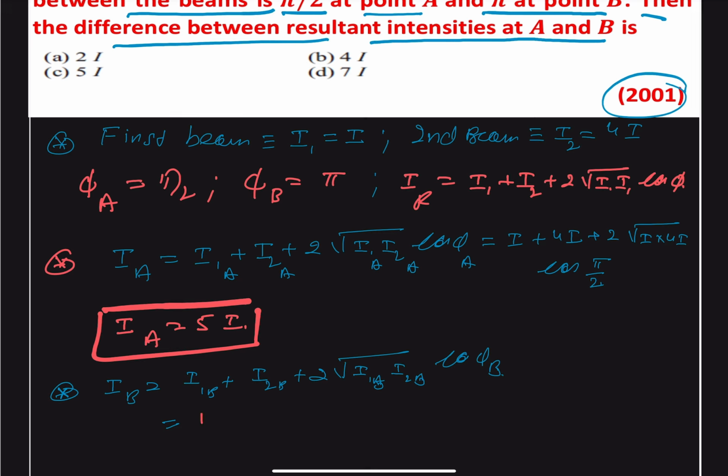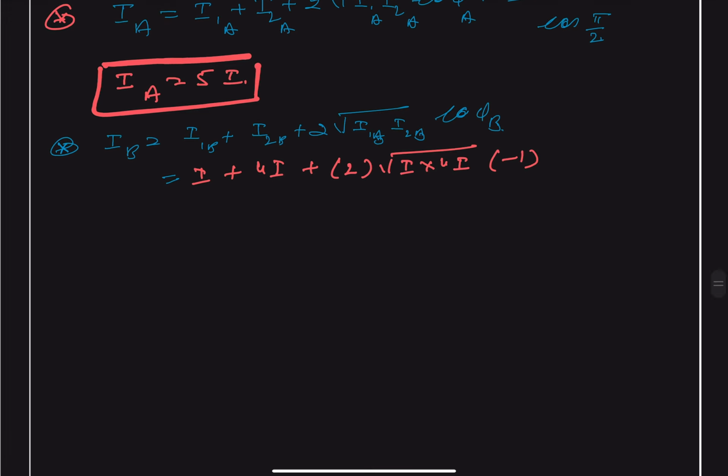So this comes as I plus 4I, and cos of pi is minus 1, so we have 2 square root of I times 4I multiplied by minus 1.